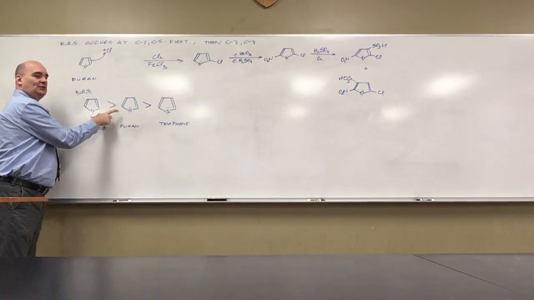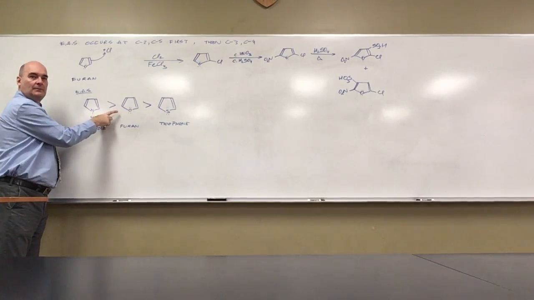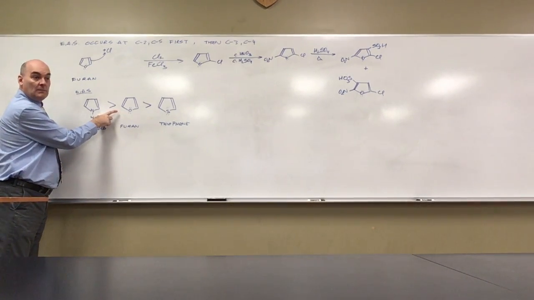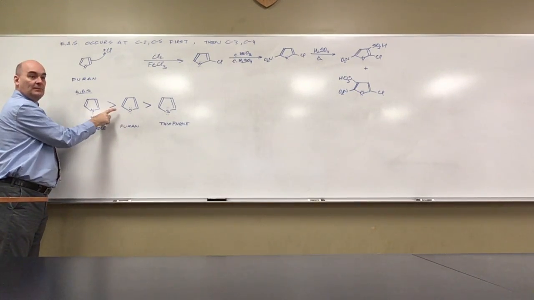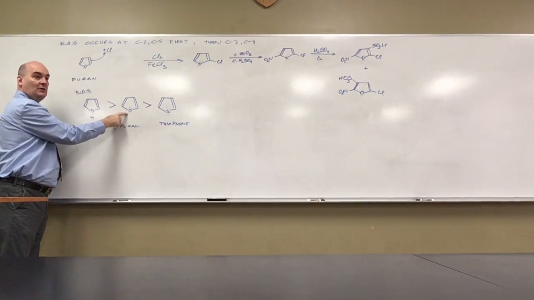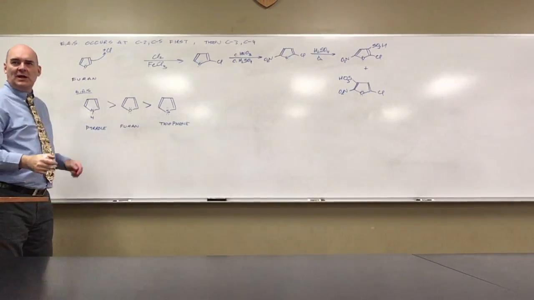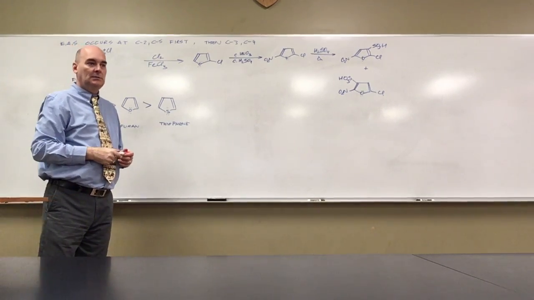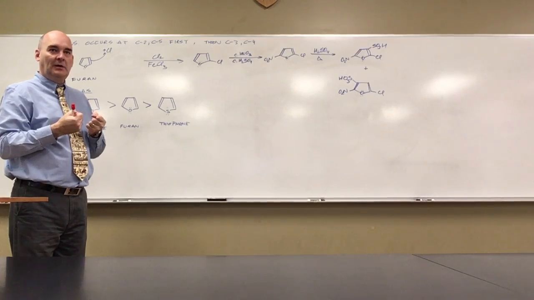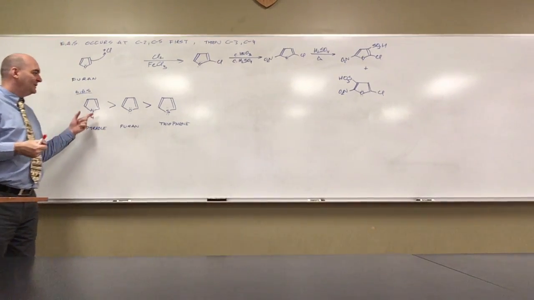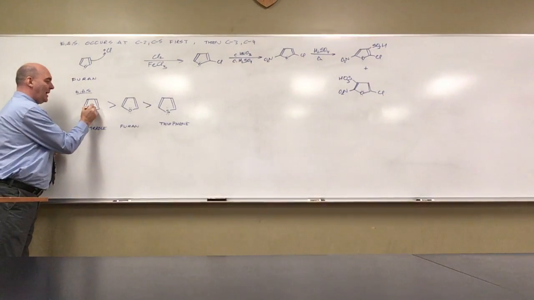What's the trend between nitrogen and oxygen? Their electronegativity? What's the difference in their electronegativity? Nitrogen's more electropositive, or oxygen's not. Oxygen is more electronegative. And what does electronegativity mean? Tendency to pull electrons towards itself. What does the aromaticity of this ring depend on?